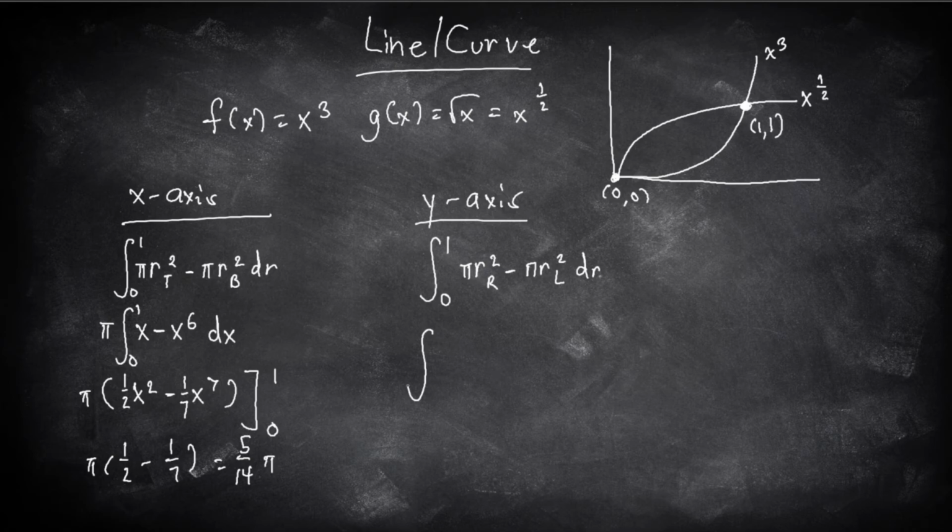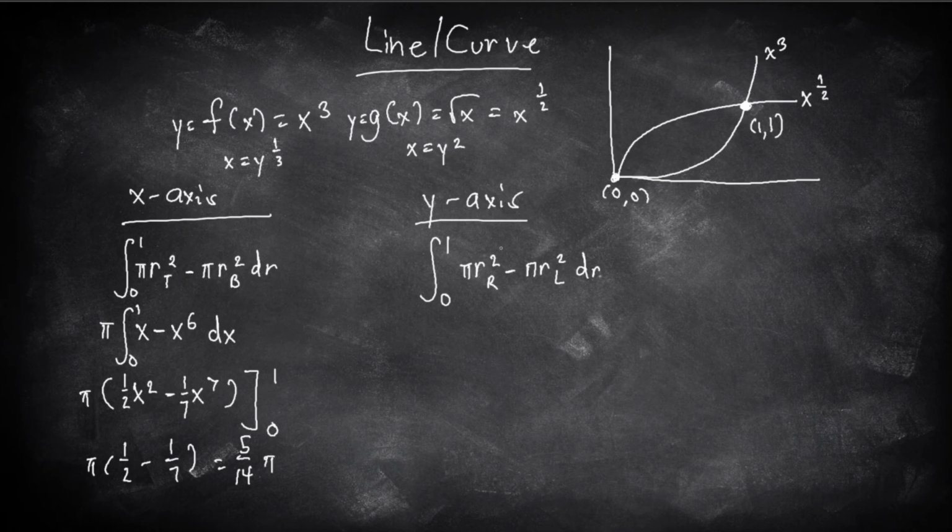Okay, so remember we're dealing with y now, with respect to the y-axis. So we have to write these in terms of y. Set them equal to y. Taking the cube root of this equals y to the power 1/3, which puts it in terms of y. Now do the same thing for this one. We just need to square it, so x equals y squared.